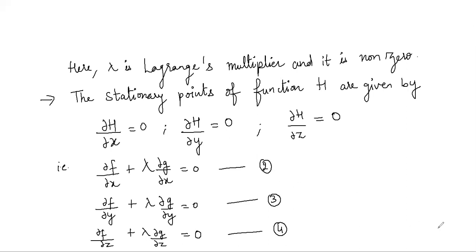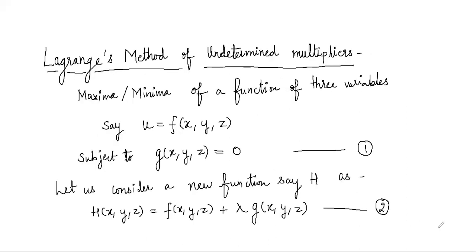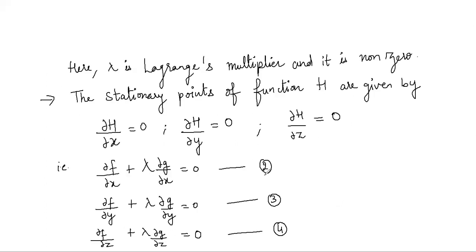Solving these equations, it will be 3 because we have already named equation 2. So let us rename these: this is 3, this equation as 4, and this equation as 5. This is our third equation, this is our fourth equation, and this is our fifth equation.